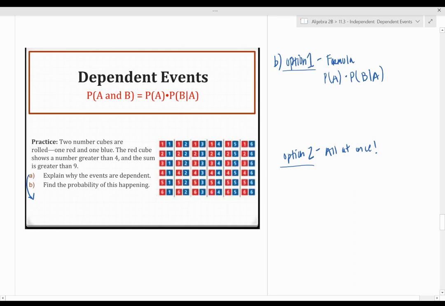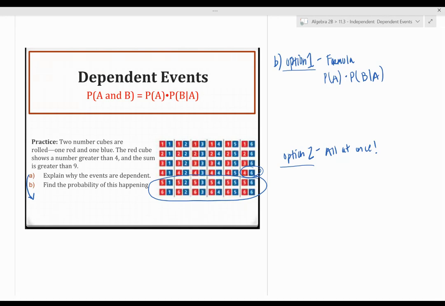If I want to know the red cube shows a number greater than 4, does knowing that in any way narrow down my choices in regards to the sum being greater than 9? If I'm only looking at these bottom 2 rows, that immediately eliminates this outcome over here as being one of my possible choices for having a sum greater than 9.